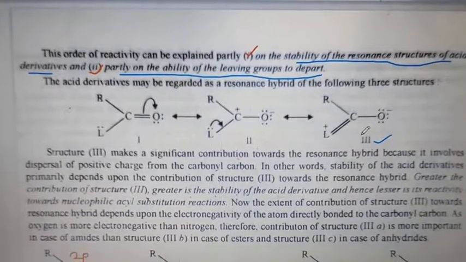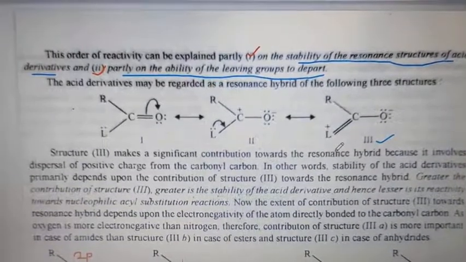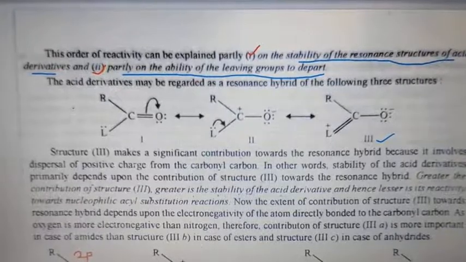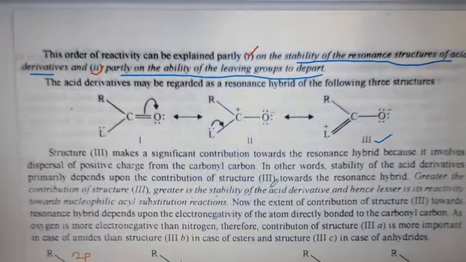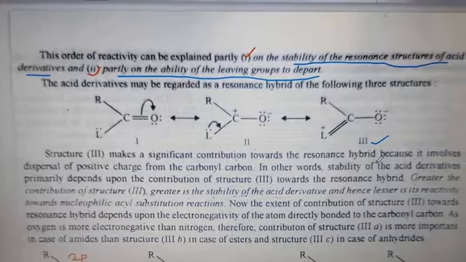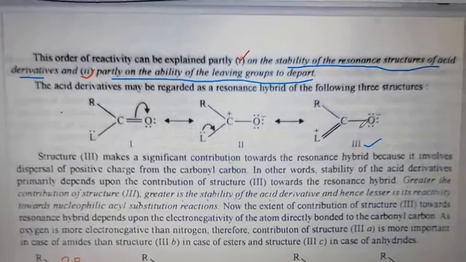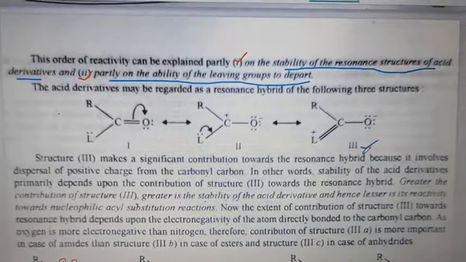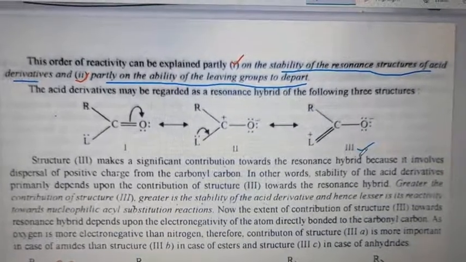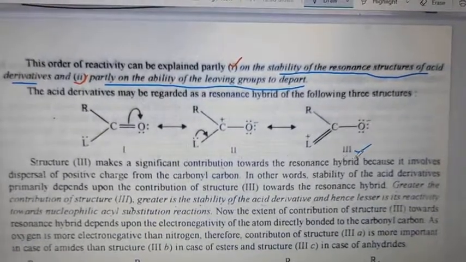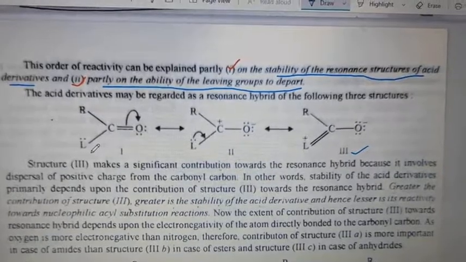In this structure, there is dispersal of positive charge from the carbonyl carbon. Structure 3 is very important toward the resonance hybrid of these acid derivatives.